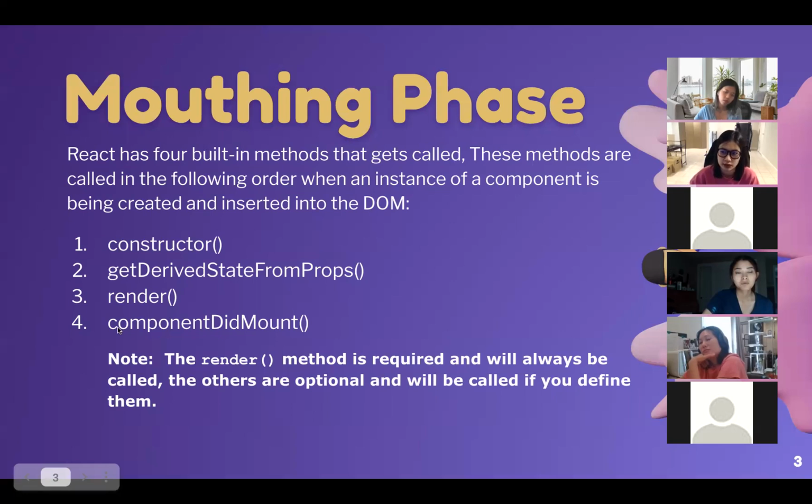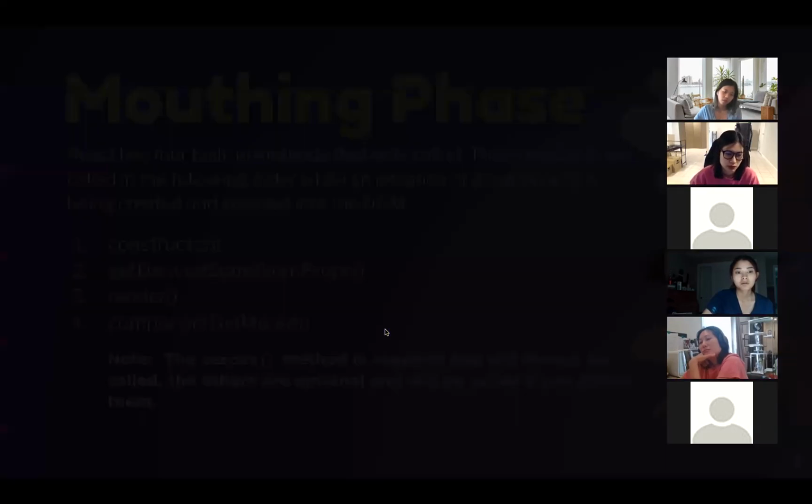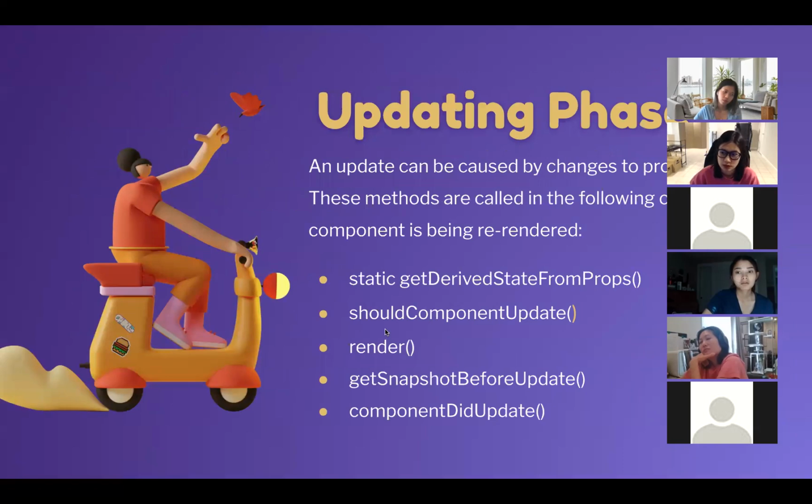Number 3 is required. You use the constructor when you want to create and initialize the state, and I think also for event handling, something like that. But you don't need to. Some class components don't really need that.